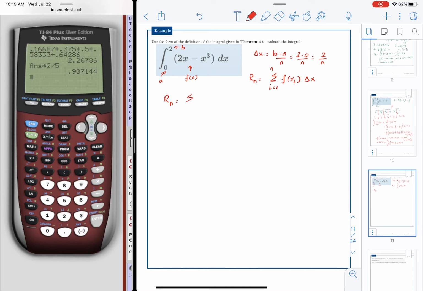Delta x is simply 2 over n, so we could pull that 2 over n outside.